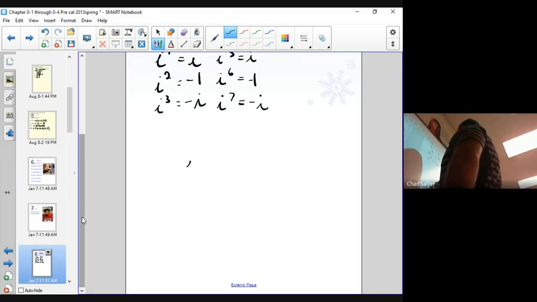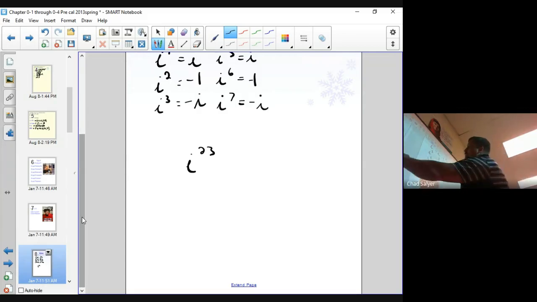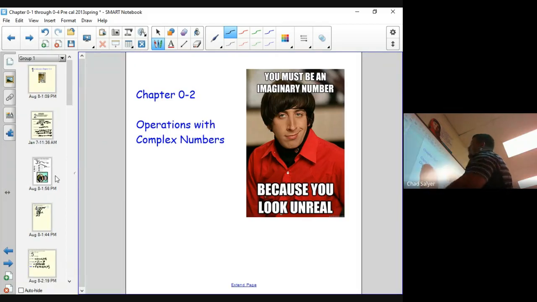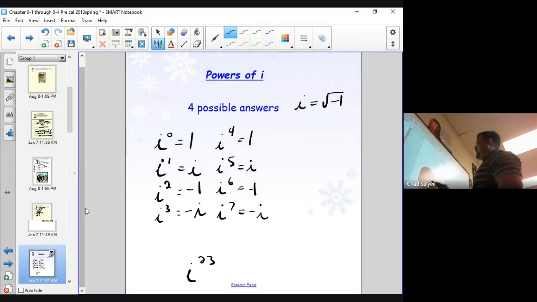So if I had i to the 23rd power, for example, I want to divide this by 4 because there are 4 possible answers, and then find the remainder. Whatever that remainder is, I compare it with this first set of 4, and it will give us the answer.